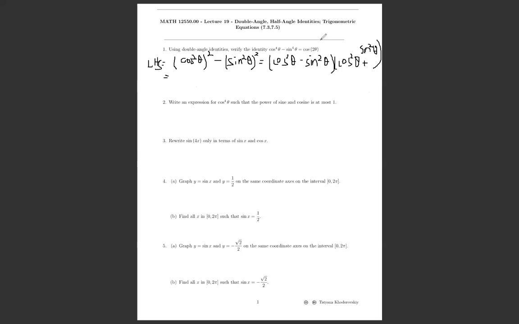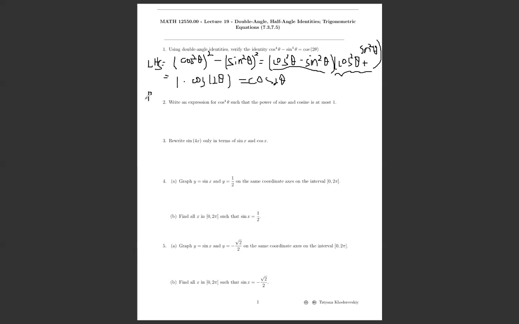Then for this part, cosine squared plus sine squared, that's Pythagorean's identity, which is equal to 1. And for this part, that is the formula for the double angle of cosine. So this is cosine of the double angle 2 theta. So 1 times cosine 2 theta is cosine of 2 theta.